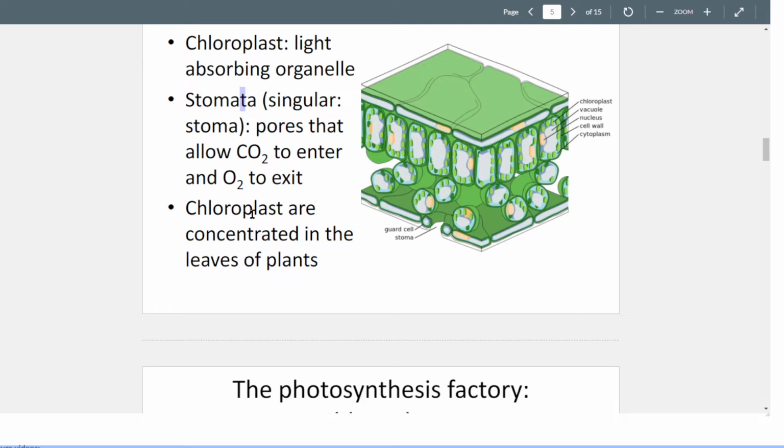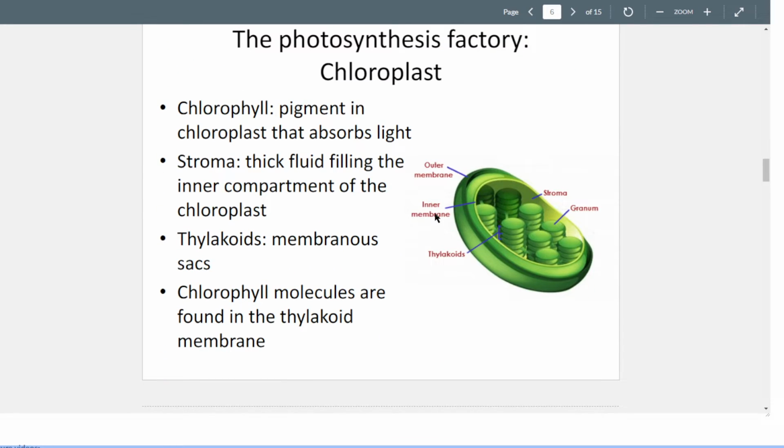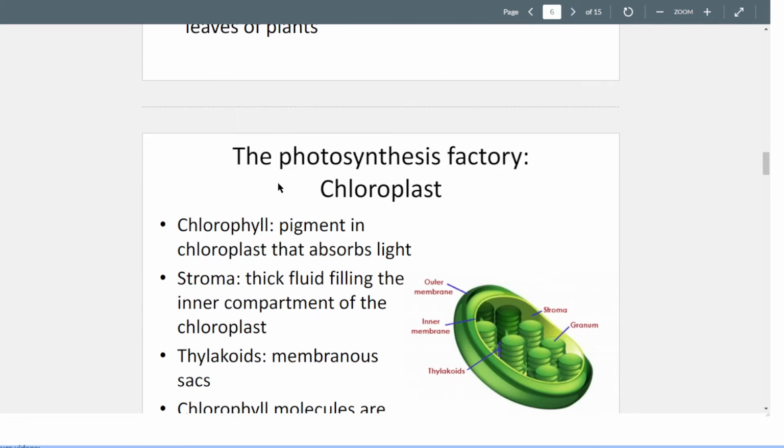Stroma is a fluid inside the chloroplast, which is part of a leaf cell. It's just filling the inner components. It's the same job as the cytoplasm, but instead of the entire cell, it's the chloroplast.